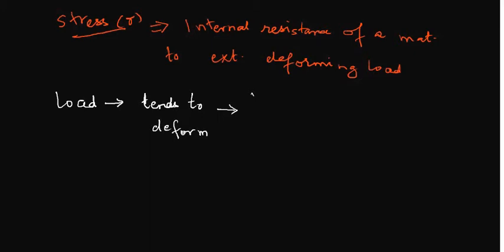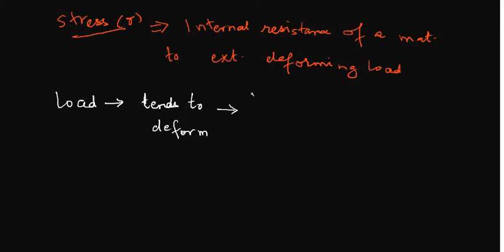So you apply load onto a body, it tends to deform. Now no material would want to deform itself. So that tendency of resisting will produce a resistive force which will oppose the deforming load. Now that resistance is called stress, or it will produce stress.